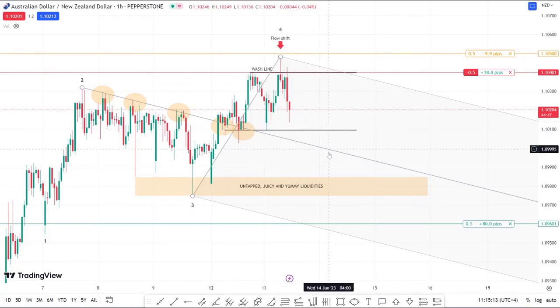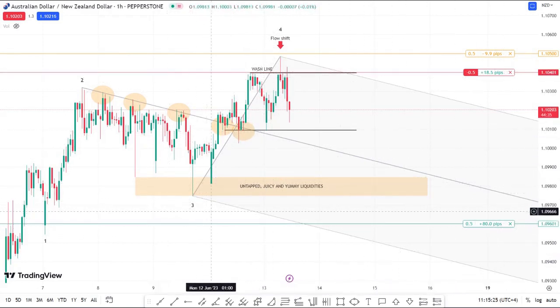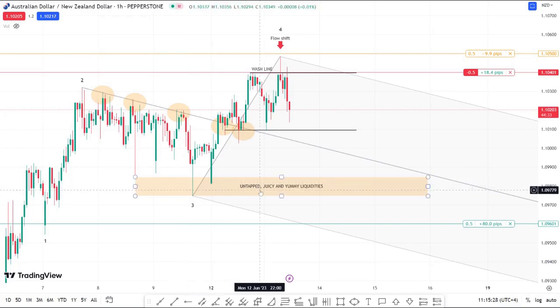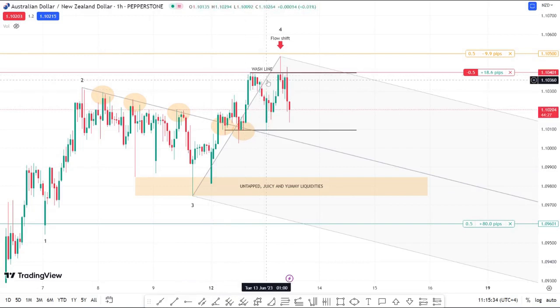And here makikita nyo dito, we have liquidities as well. Those are the stop losses and tap liquidity from minor and major flow. That's why we place our take profit below low number 3 because that signifies a lot of liquidity from the buyers buying the market. So those are the sell stop orders. Okay? So dito meron din tayong sell stop orders.